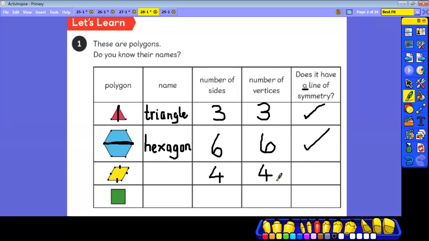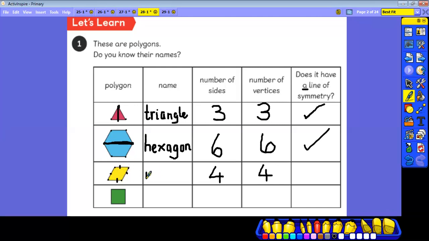This shape also has another name. Some people call it a diamond, but it's also known as a rhombus. That might be a new word for you. Also known as a rhombus. And that's our shape here in yellow.